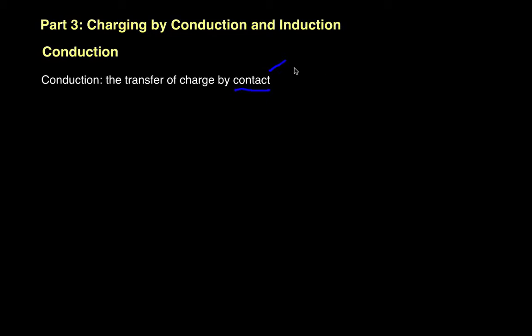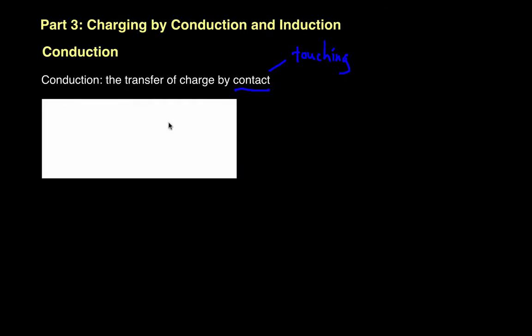It means in order for an object to conduct, it needs to actually be touching the object it's conducting electricity to. For example, if you want to charge a neutrally charged sphere by conduction, so here's our neutrally charged sphere. You can tell it's neutral because it has an equal amount of positive and negative charges spread out over its surface.